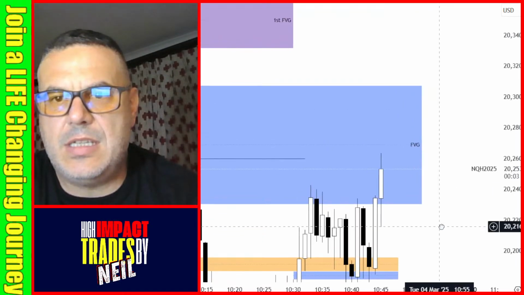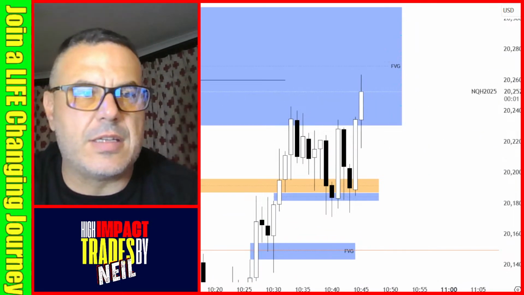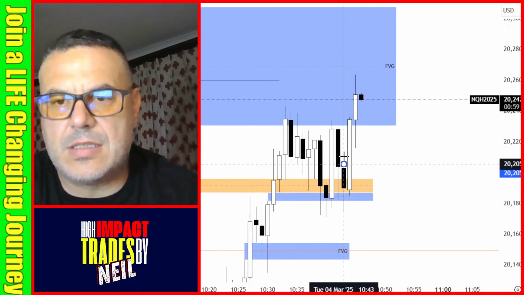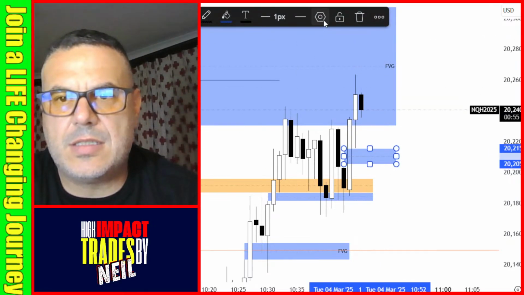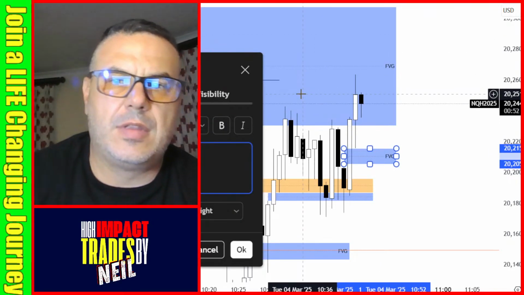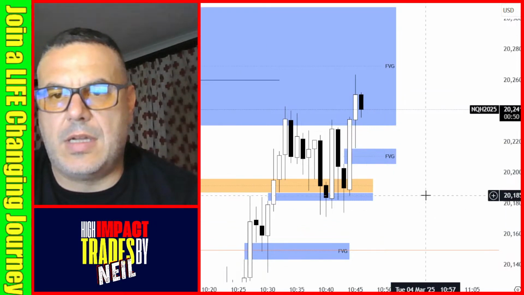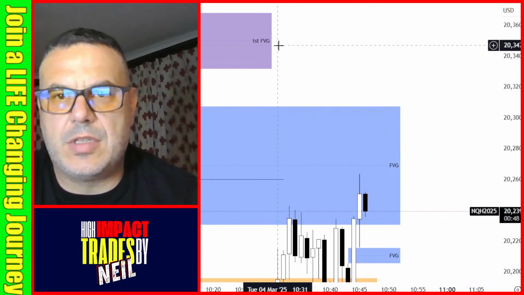Now we want to see. Okay, so obviously I need to mark this out just in case price wants to drop down here. That's a nice fair value gap. Okay, so now we want to see if we're going to invert this.